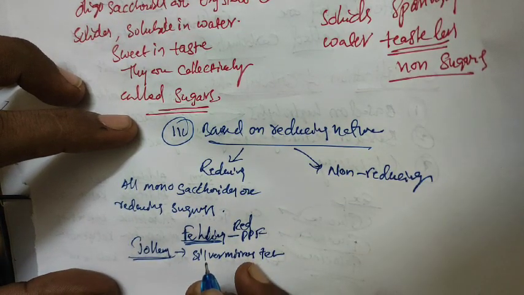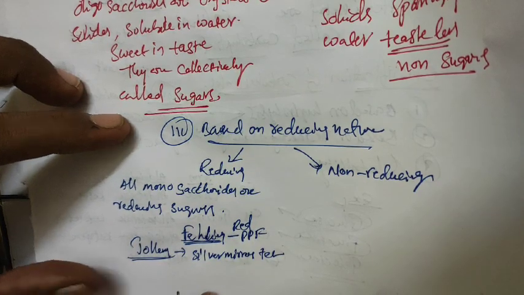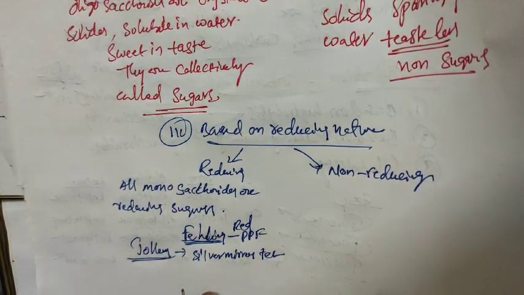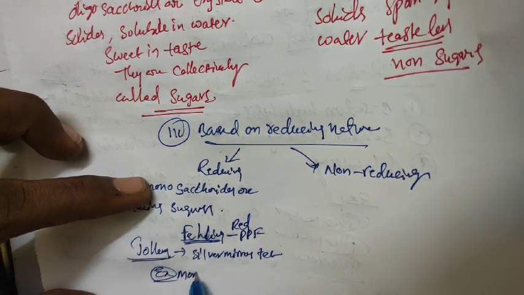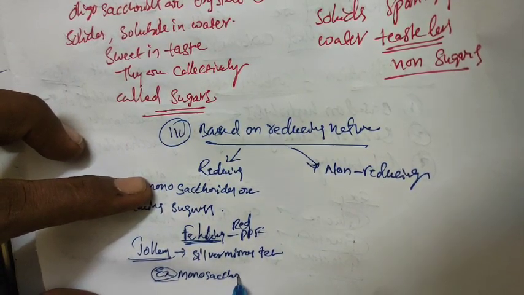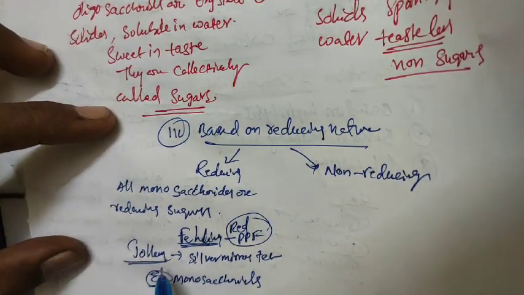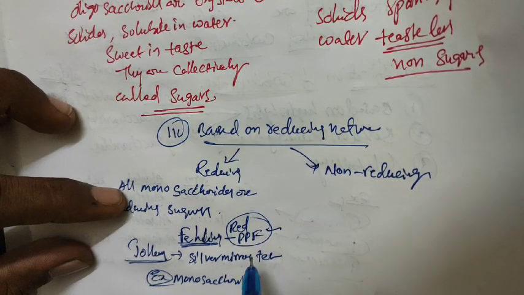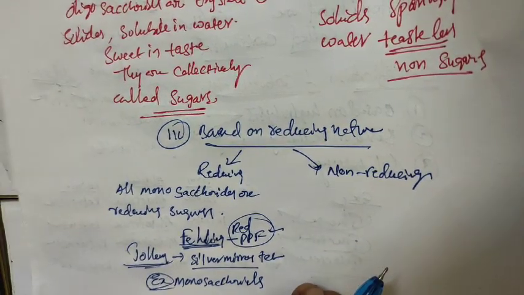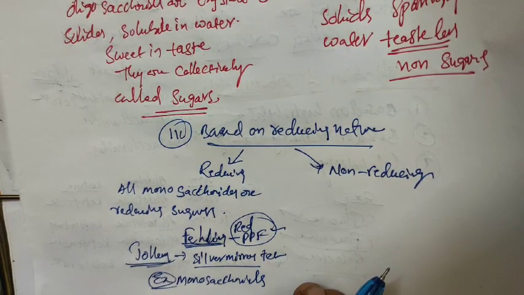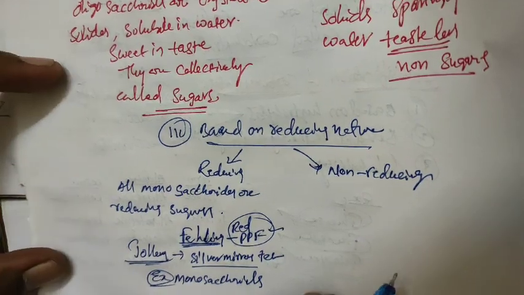So all monosaccharides are reducing sugars, whether aldoses or ketoses. Monosaccharides give a red precipitate and also the silver mirror test.